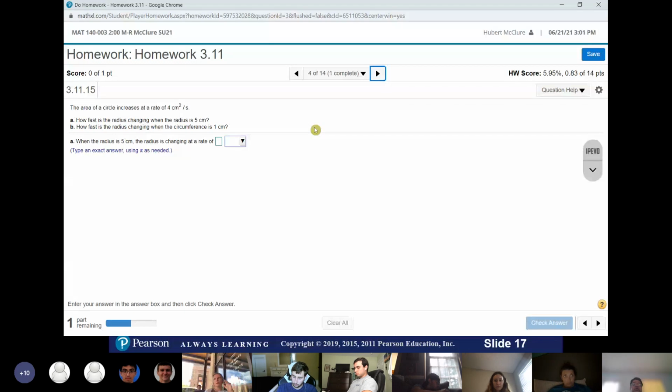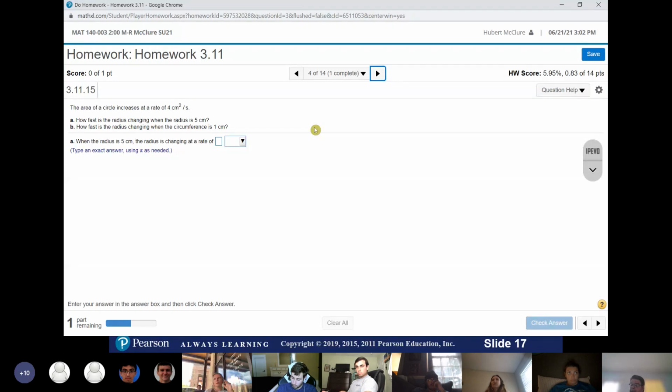The area is changing. That would be dA dt equals 4 centimeters squared per second. So write everything out. I'll write everything while y'all are writing. The area of a circle increases at a rate of 4 centimeters squared per second.